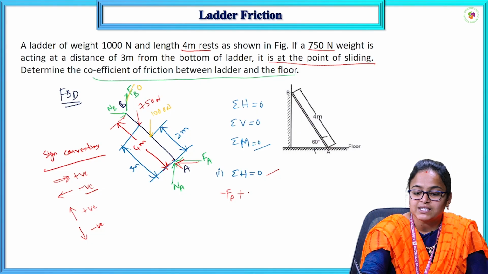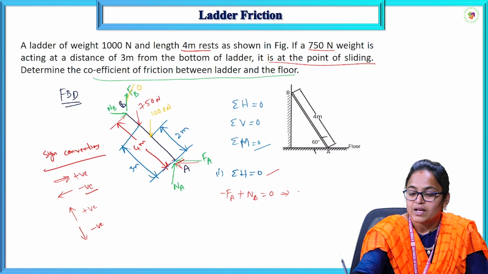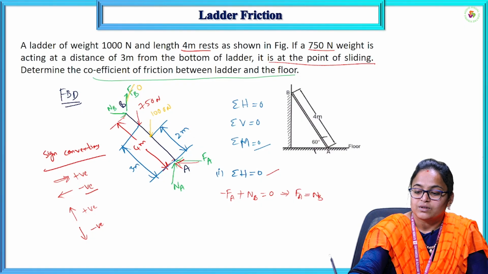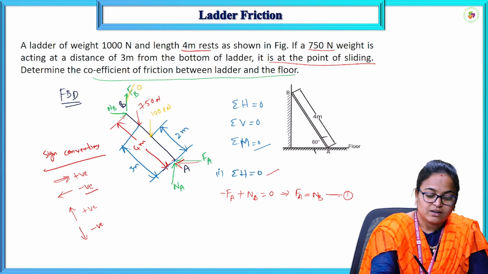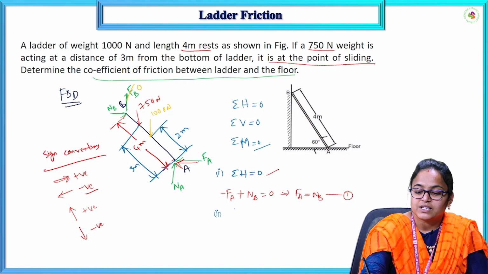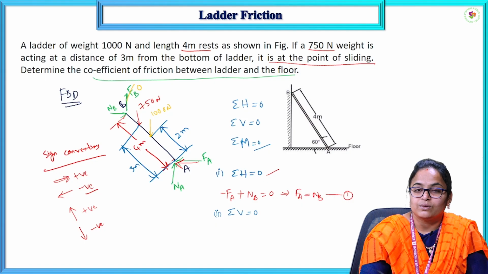So, minus FA plus NB is equal to 0. From this we can write FA is equal to NB. Let us assume this is equation number 1.